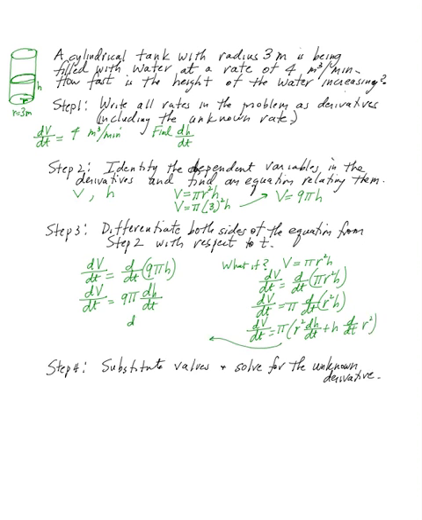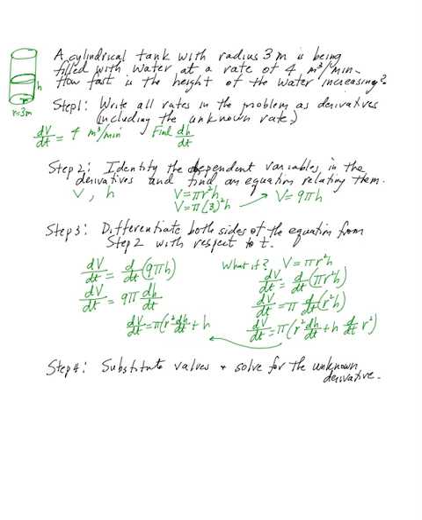So this would be dV/dt equals pi times r squared dh/dt plus h times the derivative with respect to t of r squared.